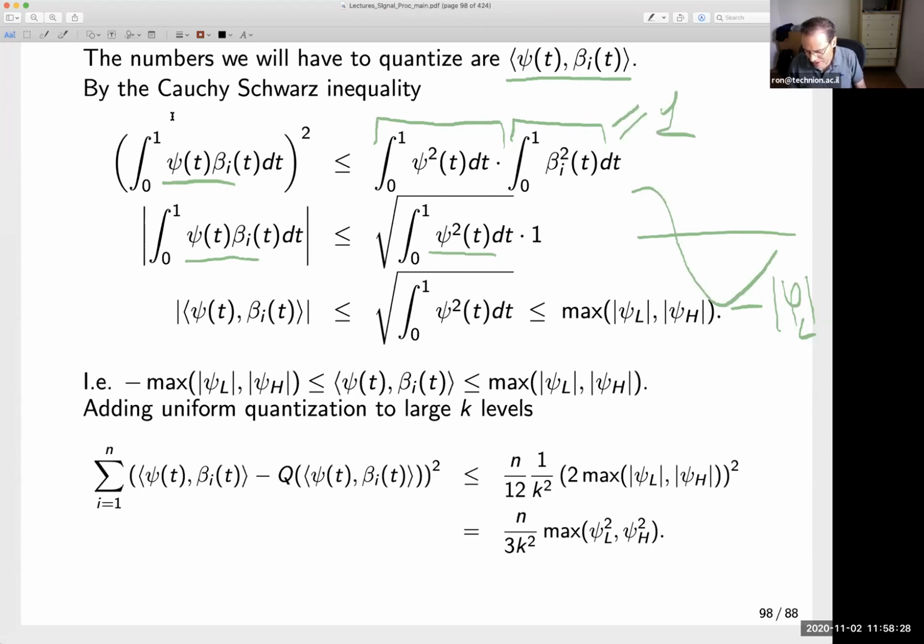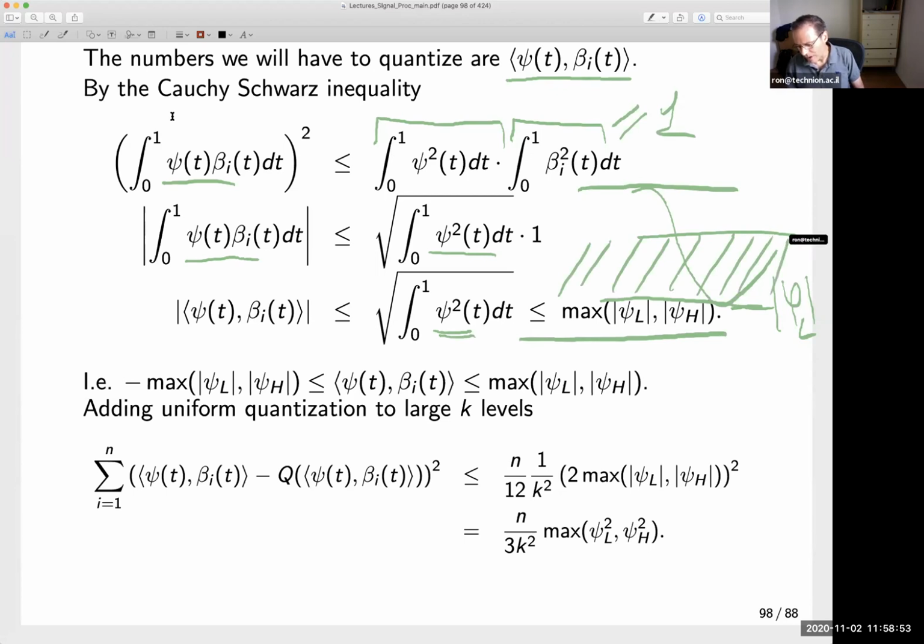And since this is true, assuming that my function gets its extremum value either here or there, it would obviously be smaller or equal than integrating between 0 and 1 over this value. So obviously, the energy of my signal would be smaller than this area if psi low is larger in absolute value than psi high.